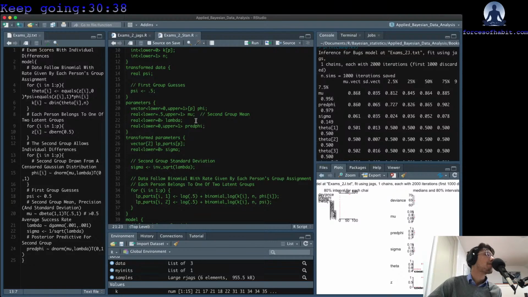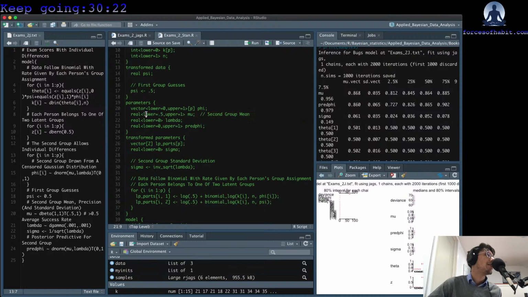And now we have mu, which we need to specify because keep in mind that phi is going to be distributed from mu and lambda, right?